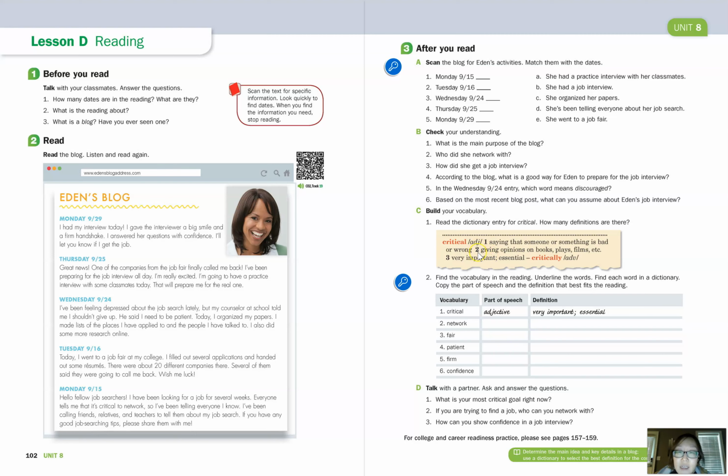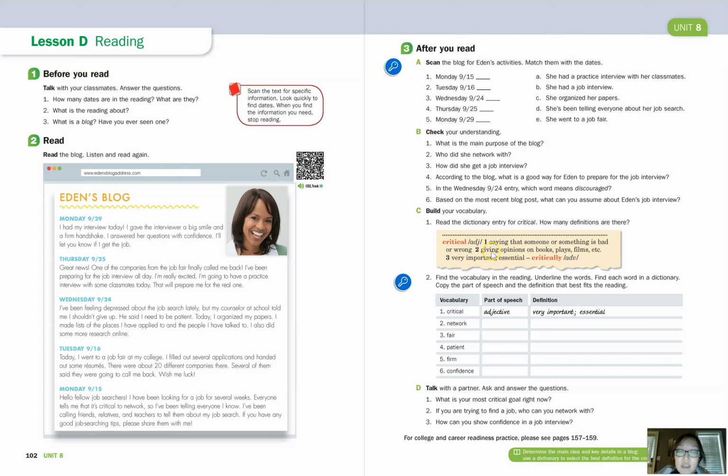And then the second definition says giving opinions on books, films, or plays, etc. Actually, instead of saying critical, we normally use the word critique, CRITIQUE.